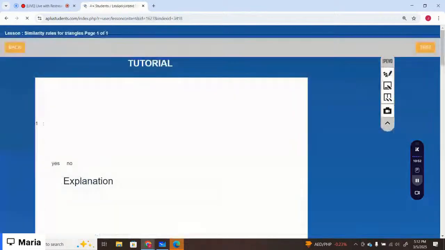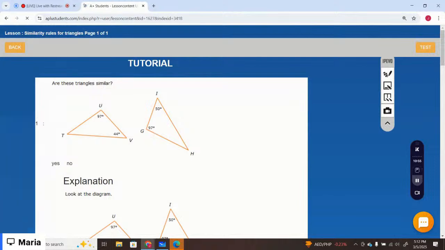Similarity rules for triangles. Are these triangles similar?